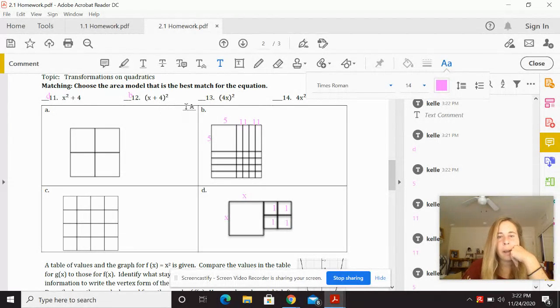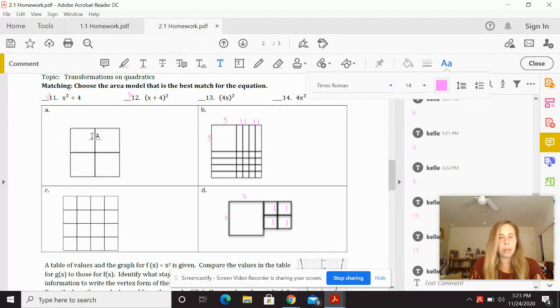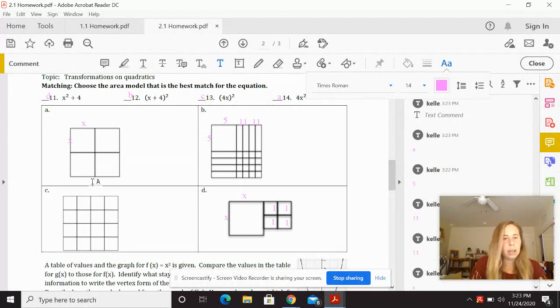13, 4x squared. Actually, we'll do 14 first. 14 is a little bit more straightforward. Okay, well, if this is just x squared, so this is just x squared. And that's on all of them, right? So you have x squared and you have it 4 times. So 4x squared. That's A. And then, so that leaves this to be C. Let's look at it.